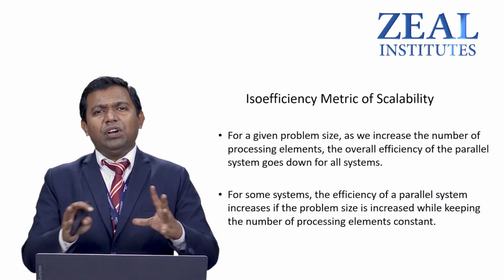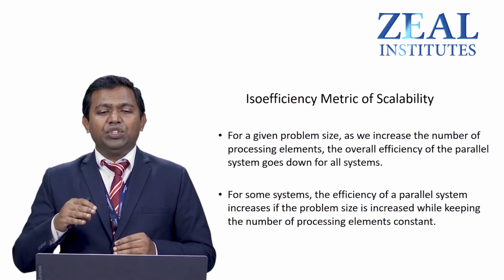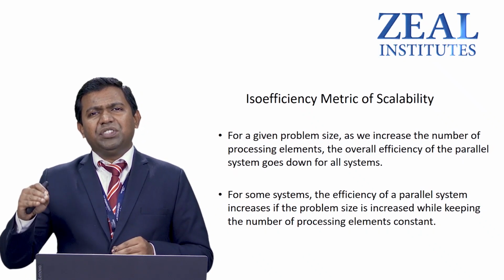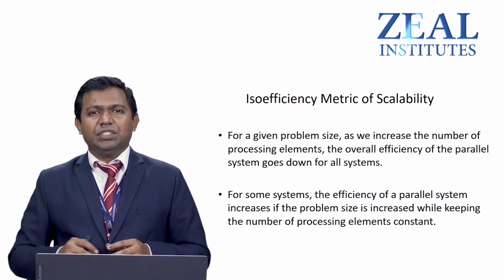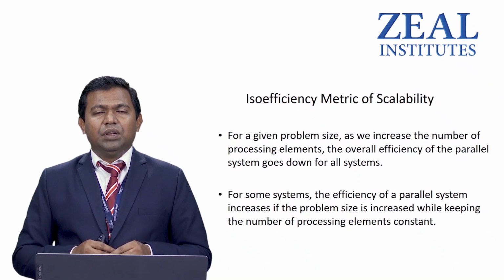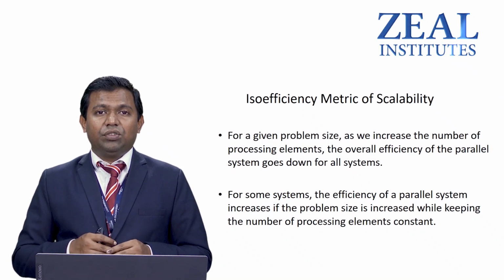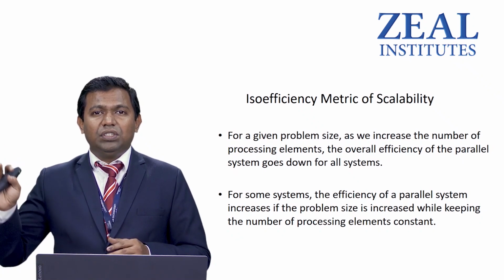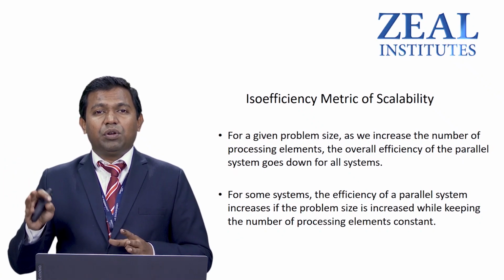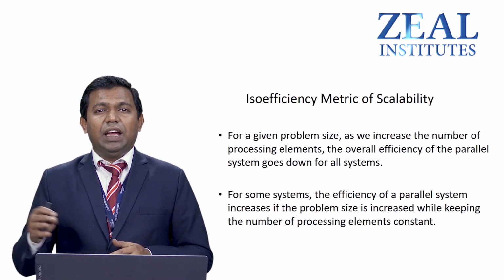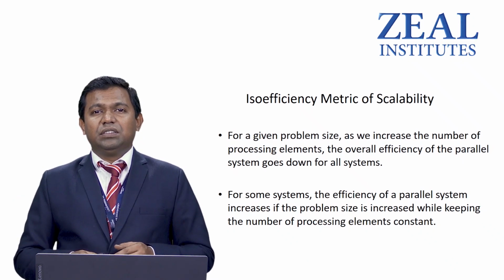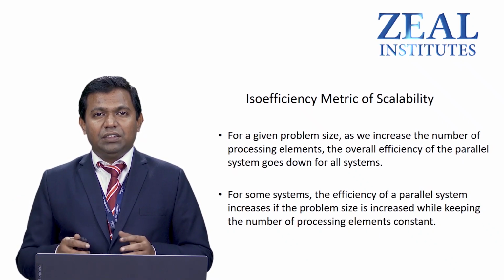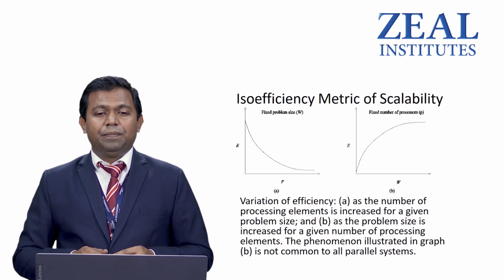We have already seen earlier that as you increase the number of processing elements, there will be a dip in efficiency. But there are some systems where the efficiency stays constant even though the problem size is increased and the number of processing elements remains the same.